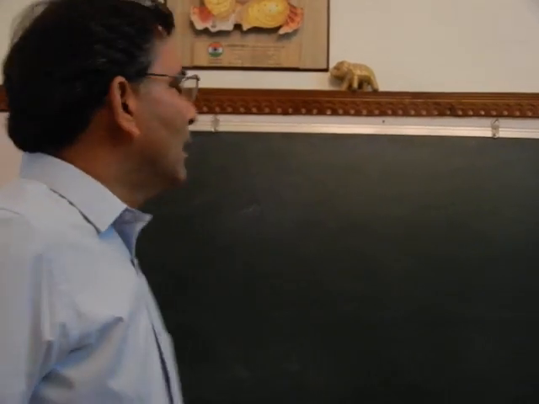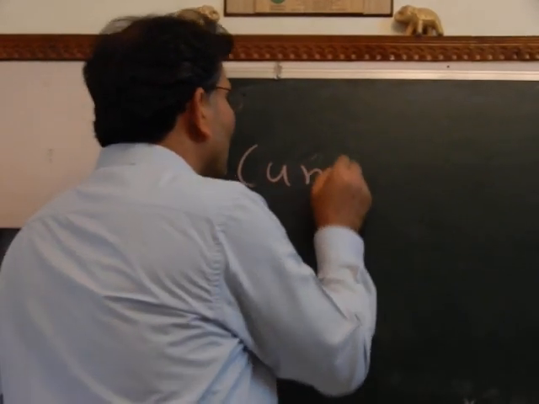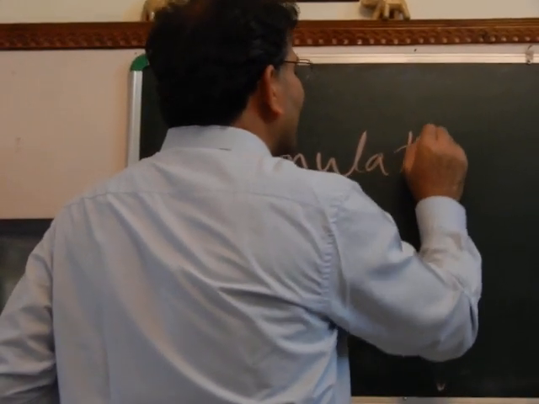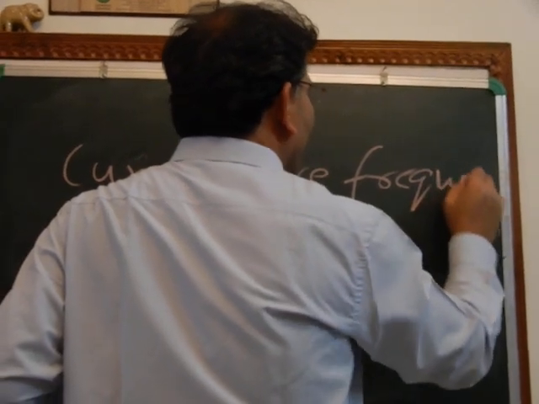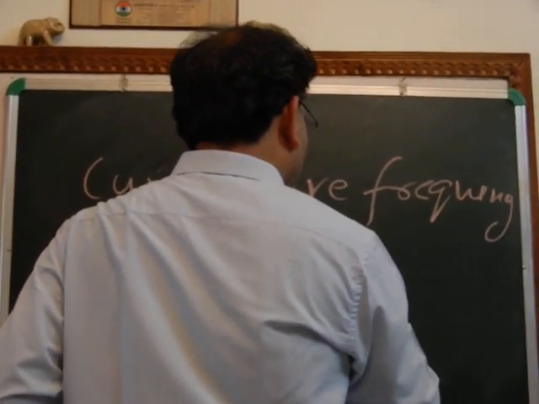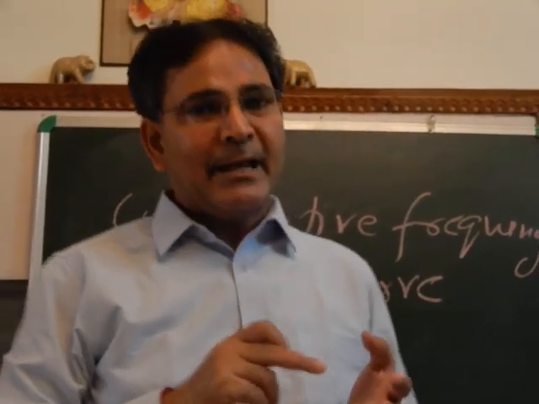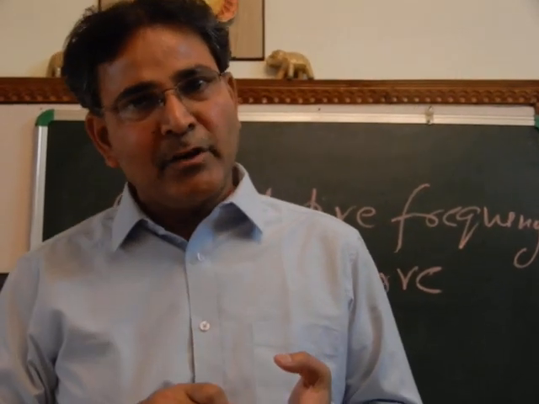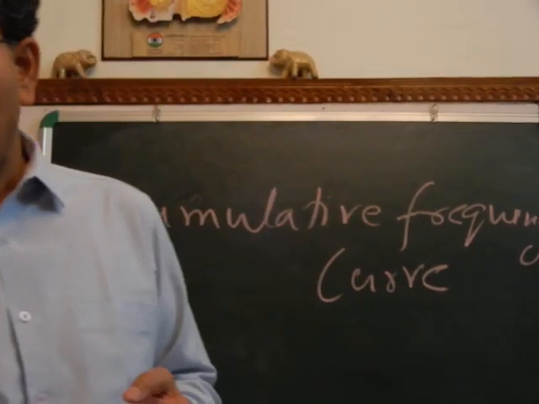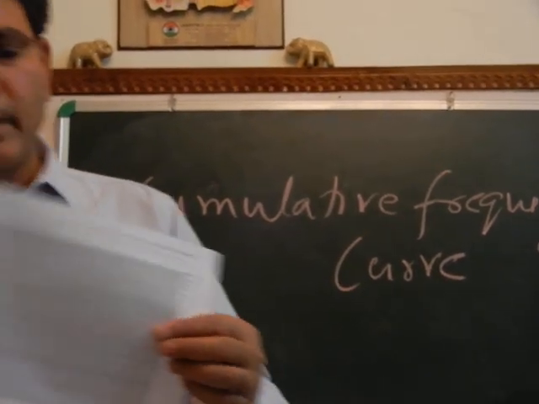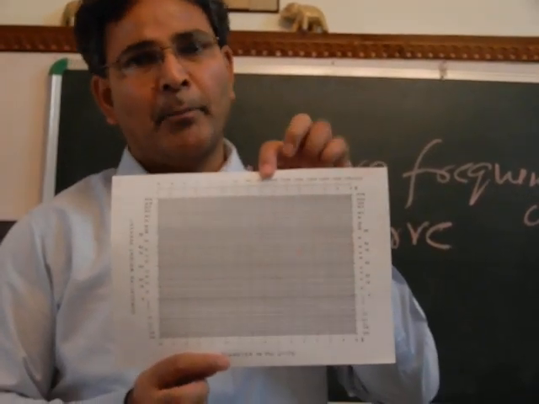But we use the cumulative frequency curve for the measurement of grain size, standard deviation, kurtosis, and skewness. And this is the probability graph paper.